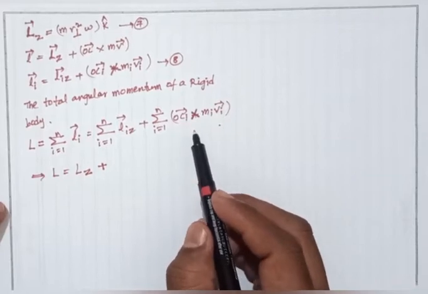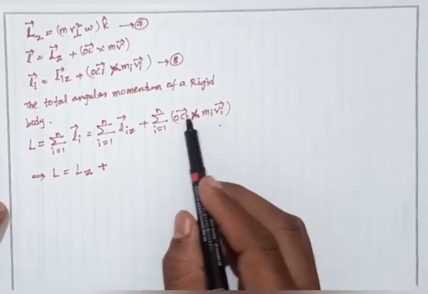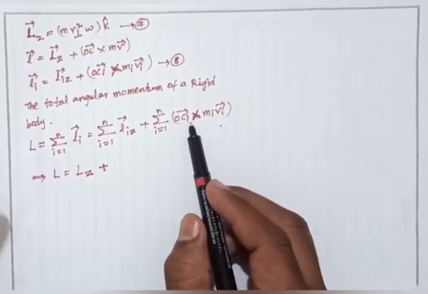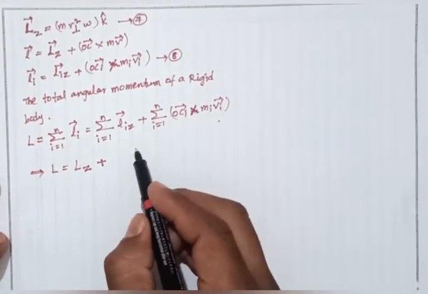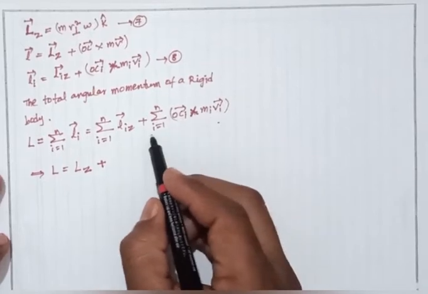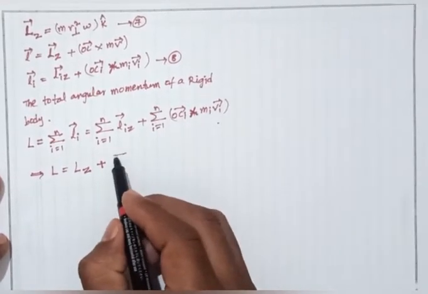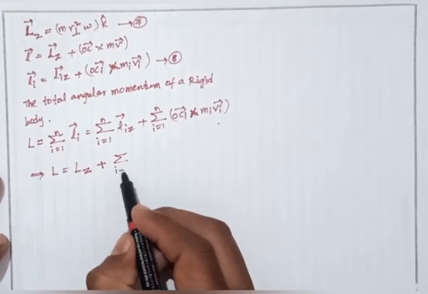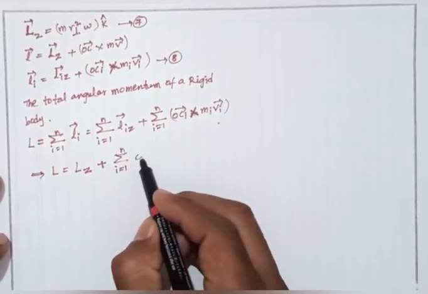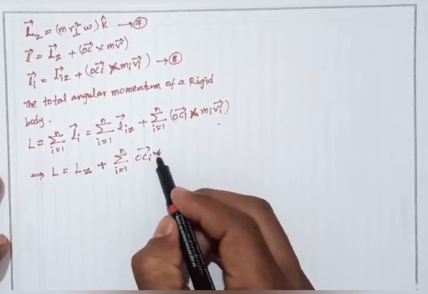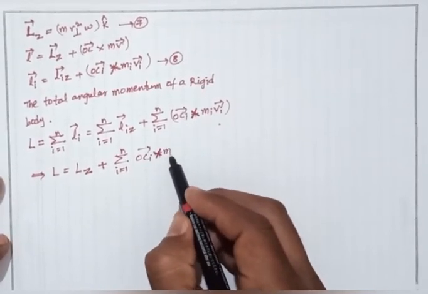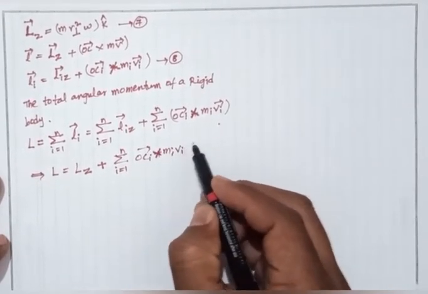OC bar equals Ri bar. Then the summation over i equals 1 to n of OCi bar cross mi Vi.